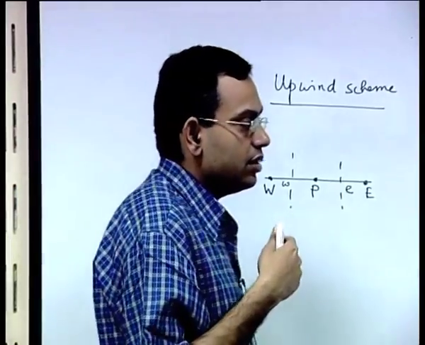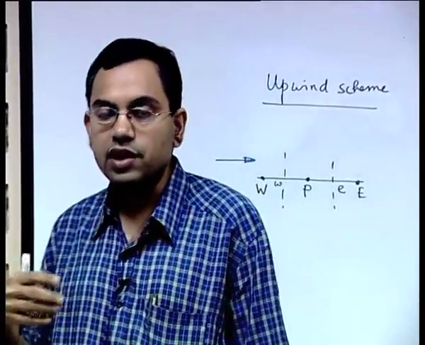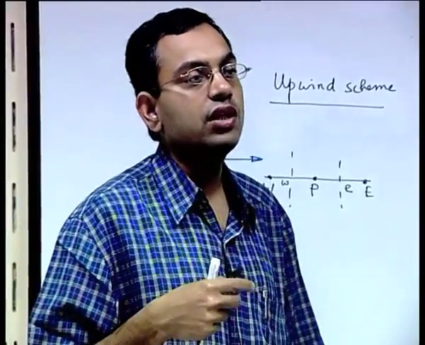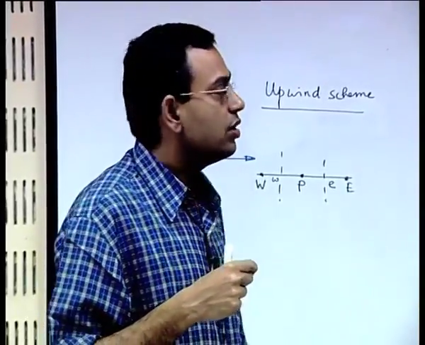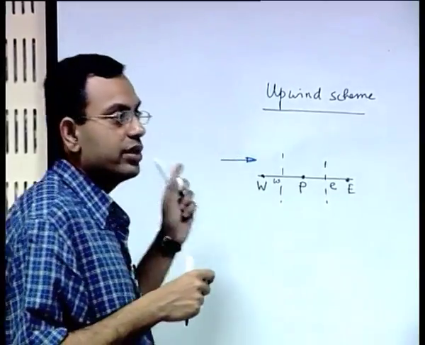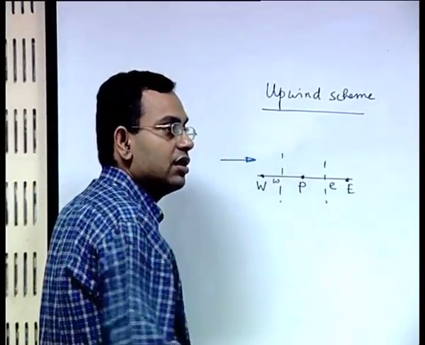Since the main problem of the central difference scheme was prominent when the diffusion was tending to 0, that is when the advection was very strong, in the upwind scheme we try to address that particular case, where you are having a predominantly unidirectional transport.